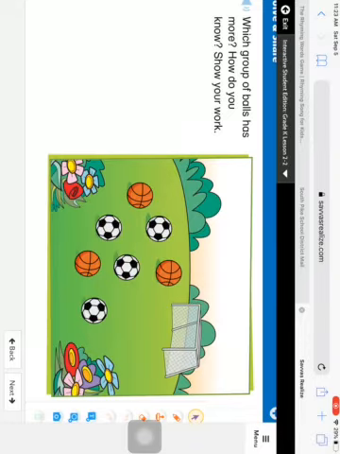Is there more soccer balls than there are basketballs? If you said there are more soccer balls than basketballs, then you're correct, because there are 4 soccer balls and 3 basketballs. So let's continue.